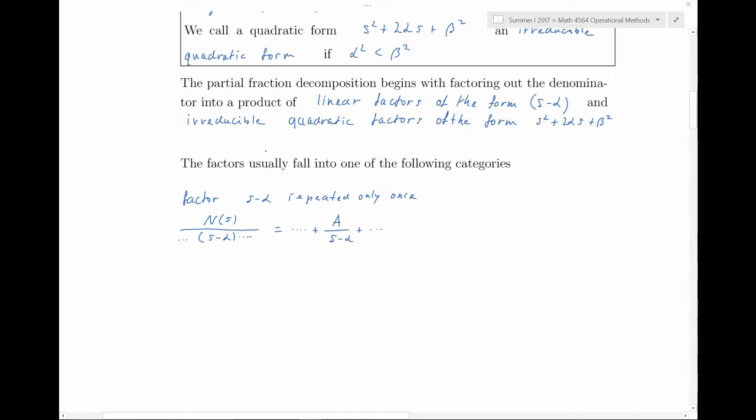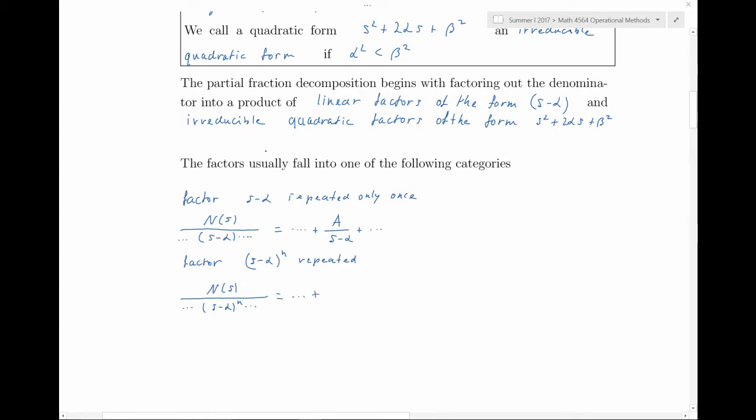Another case is the factor s minus alpha repeated n times. In other words, we start with a fraction that has, among other factors, s minus alpha repeated n times.